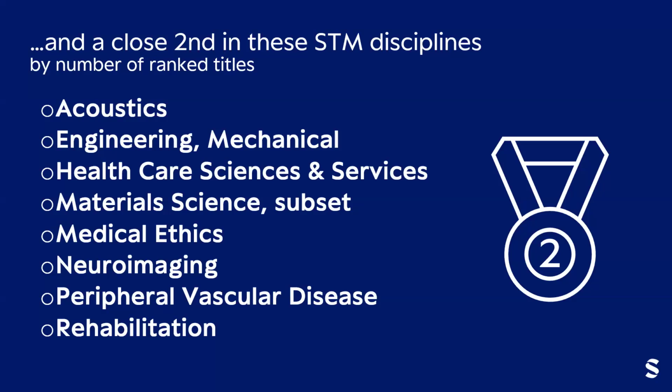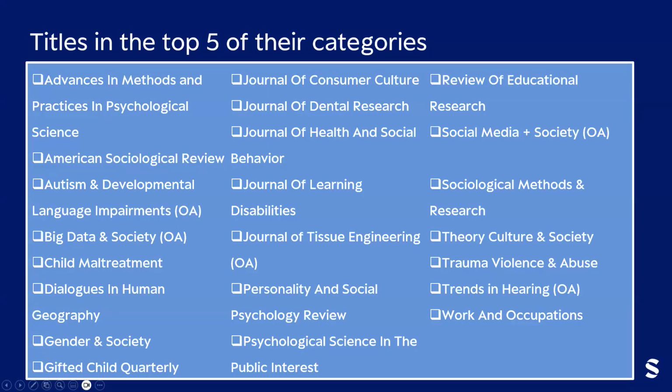So I won't read them out loud for you, but I'll just keep this up so you can view that for a second. But these are also STEM areas where we excel as well. And then this last slide of highlights are the titles that are in the top 5 of their categories. And again, I'll keep this up here for just a second so you can view these.